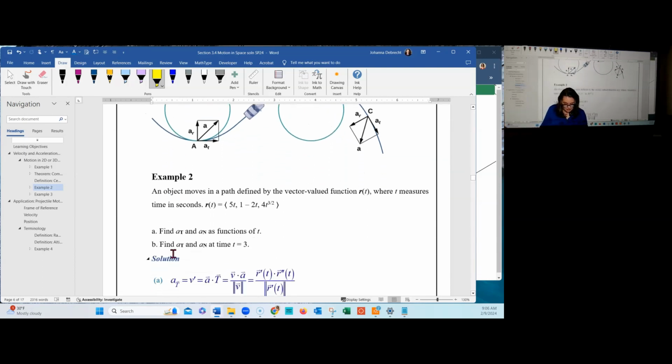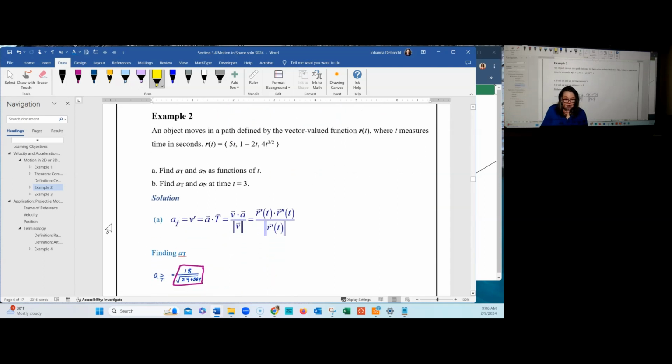Let's take a look now at example 2. In example 2, we have an object moving in a path defined by a vector-valued function, r of t, where r of t is given by 5t, comma, 1 minus 2t for the j hat component, comma, 4t to the 3/2 power.